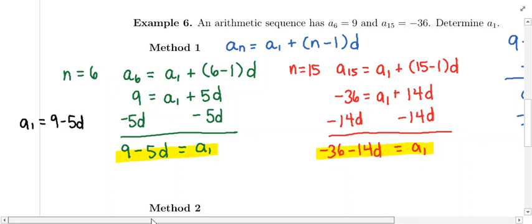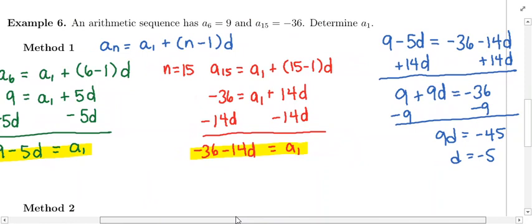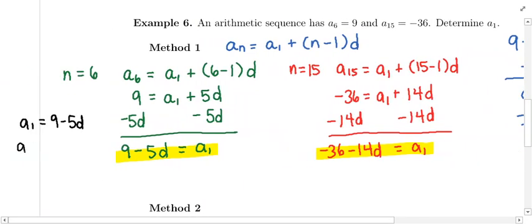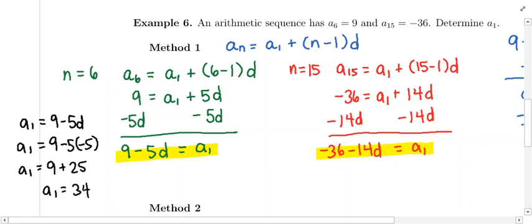We just calculated that D is negative 5, so plug this in. A1 is going to be 9 minus 5 times negative 5, so A1 is going to be 9 plus 25. That means the first term should be 34.